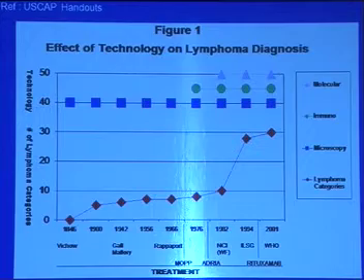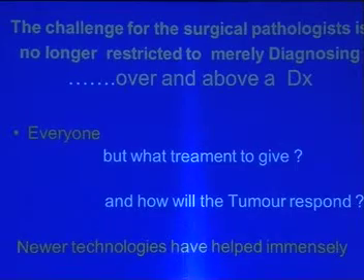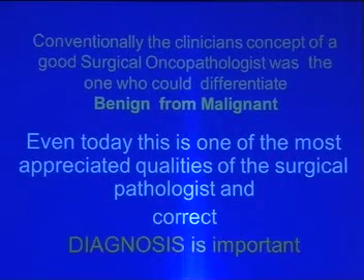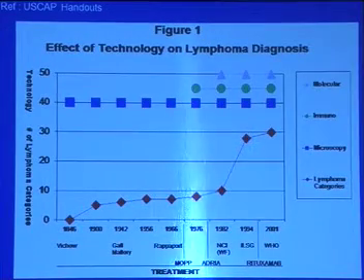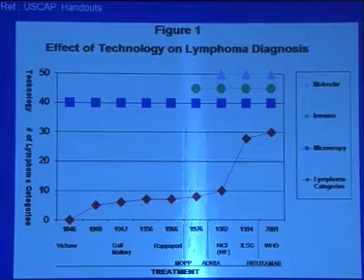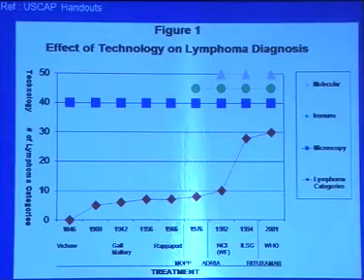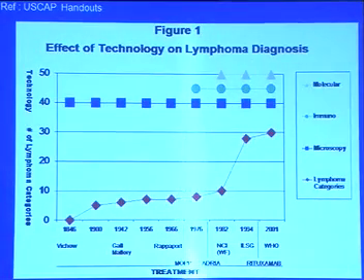This is from one of the US handouts, and it's an example with lymphomas. Lymphomas, when they were first diagnosed several years ago, were known as lymphosarcomas way back in 1846 when Virchow described this, and till the mid-70s, there was just a modest increase in the number of entities which pathologists could recognize by mere morphology.